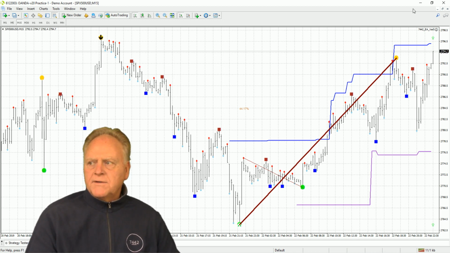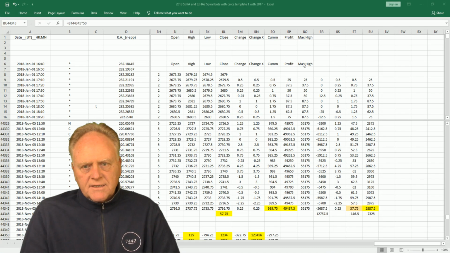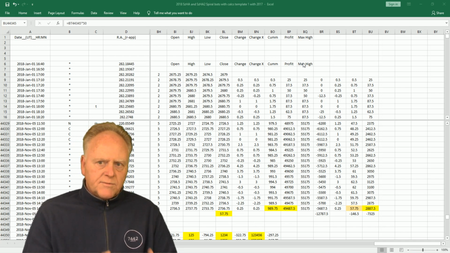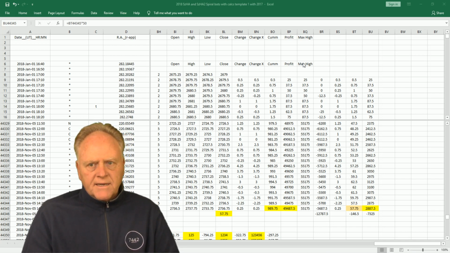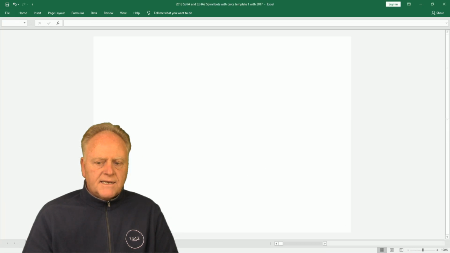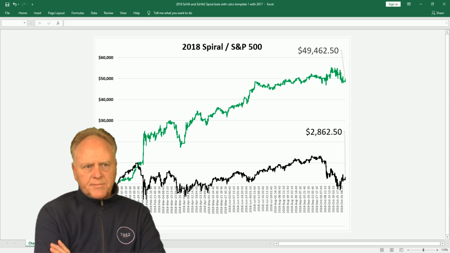But again, I was asked to revisit 2017 and 2018 and see what the results would be if we stick with the same basic components and not add any of the more complex components to it. So just using the basic elements, using that octet charge array, it destroyed the S&P 500.